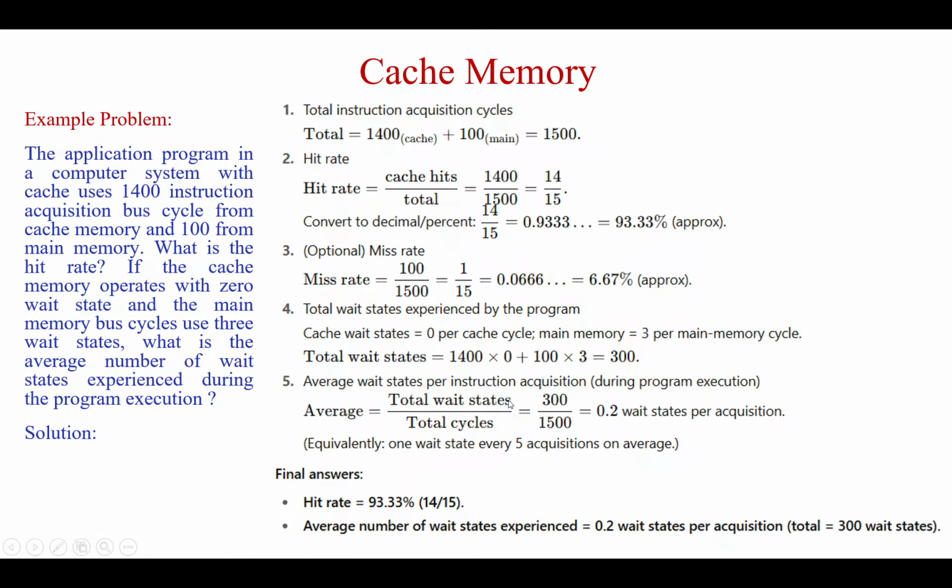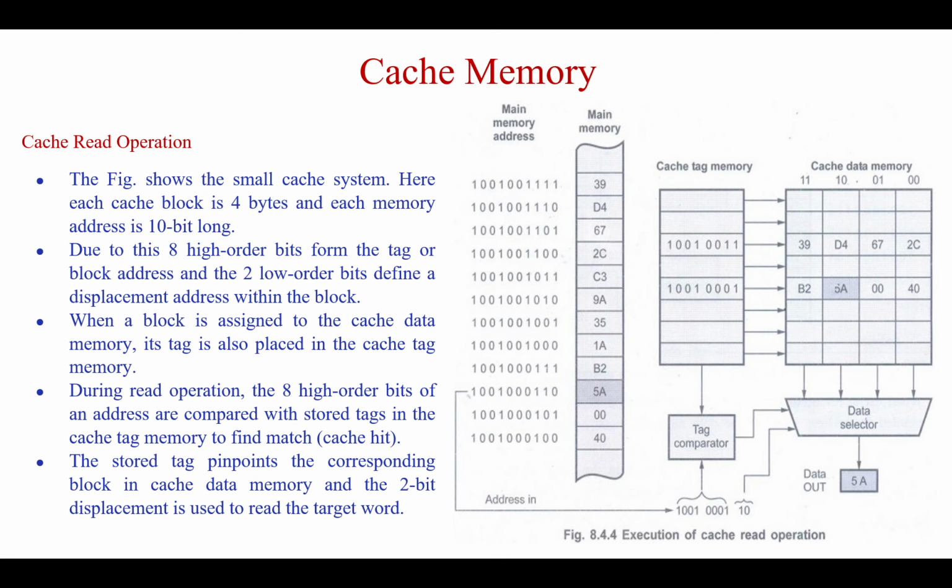I hope you understand. Next, how the read and write operations take place in a cache memory. For example, this is the cache memory block diagram for execution of cache read operations. If I want some content, obviously the 12-bit address will be available.